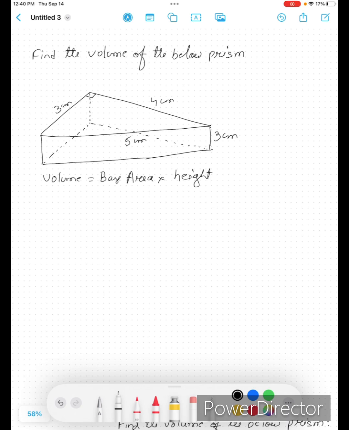Now a question might come in your head that, hey, if I have to find the area of this triangle and then I have to find a volume out of it, which side should I take as base? Should I take 3 centimeter as base or should I take 4 centimeter as base?